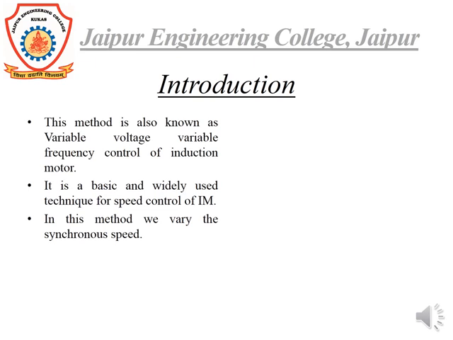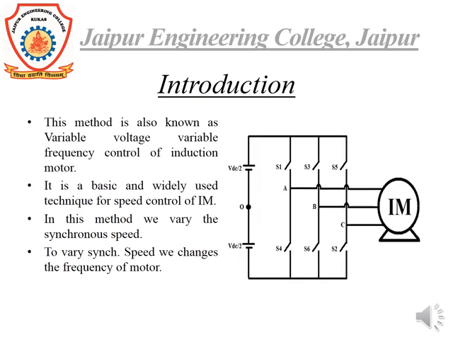In this method, we vary synchronous speed, meaning Ns. To vary synchronous speed, we change the frequency of the motor. As we know, the formula for synchronous speed of induction motor is Ns equals 120 f by P. So if we vary the frequency, the speed will vary.